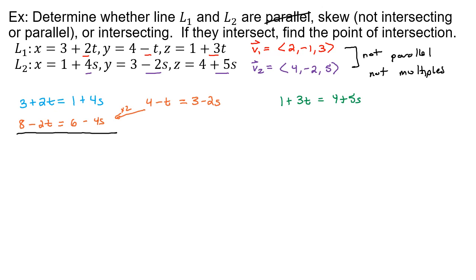If I add those together, I get 11, those cancel, I get 7, and those cancel. Well, 11 doesn't equal 7. That's not good. You say, well, maybe that's just an error. It's not going to be. It's going to end up that we're going to be skew because they won't find the spot that they intersect.